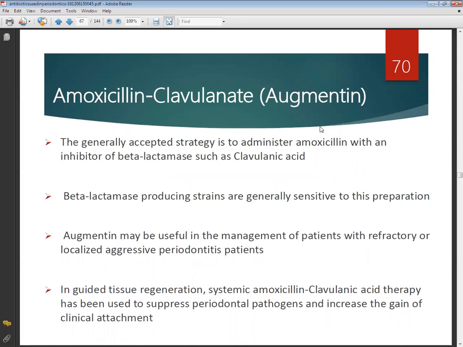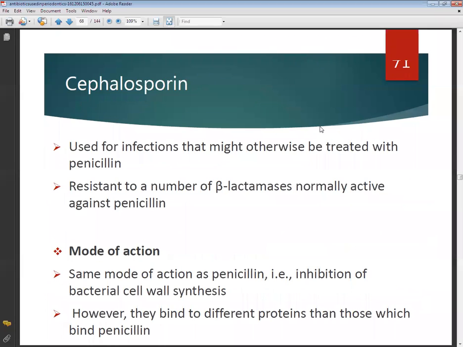Also, amoxicillin with clavulanic acid, that is Augmentin, is mainly used in the treatment of periodontitis. Indications of Augmentin are that it may be used in refractive periodontitis or localized periodontitis. Next drug is cephalosporin.